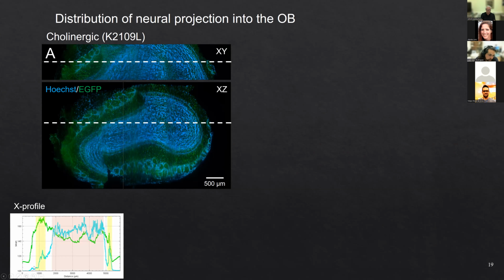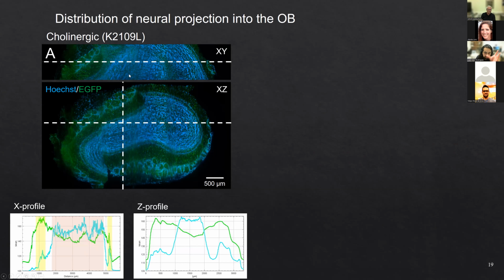So with that information of the nuclear staining, we could identify where these layers are located. We can do the same, right, with this Z profile in 3D along the Z axis. And here is maybe a bit more clear the layers, these 3 different layers, in this cholinergic neuron.